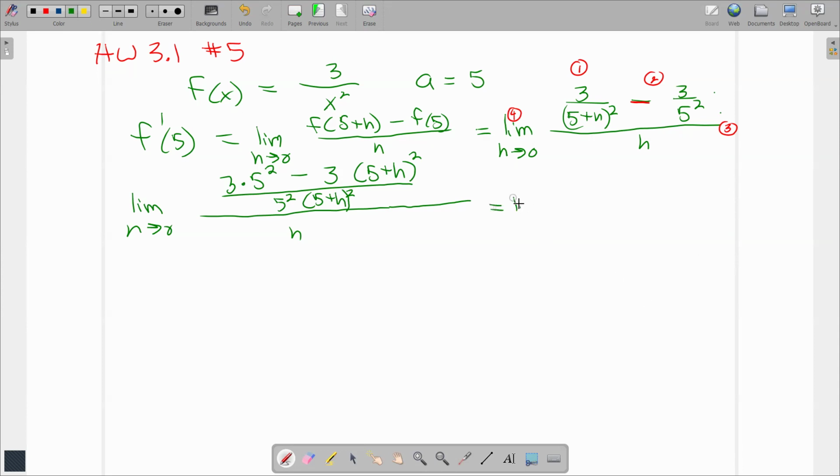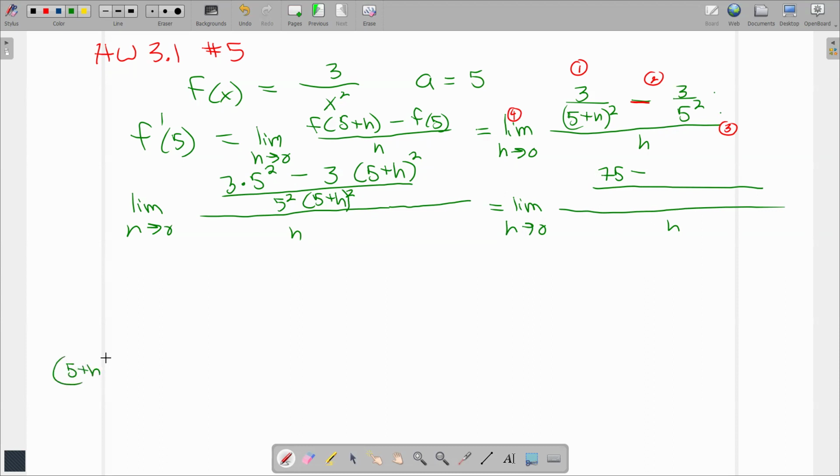So, limit as h goes to 0, big fraction over h. Okay, so let's see. 5 squared is 25, times 3 is 75. I got a little ahead of myself. So I'm going to have a 75 here, minus, if I multiply 5 plus h times 5 plus h, I'm going to just do that off to the side here.